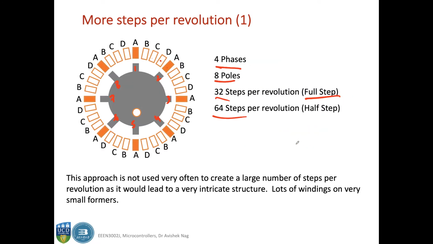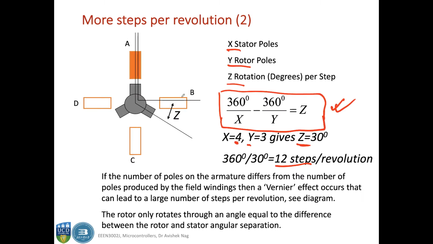So this was giving you 32 steps per revolution, but for this you need to have so many phases, so many poles, and this becomes a very intricate structure. But let's say with only 4 and 3 you can have 12 steps. So you can also have 32 steps. So let's say 360 by 32, whatever it is, and then you can have this ceiling.